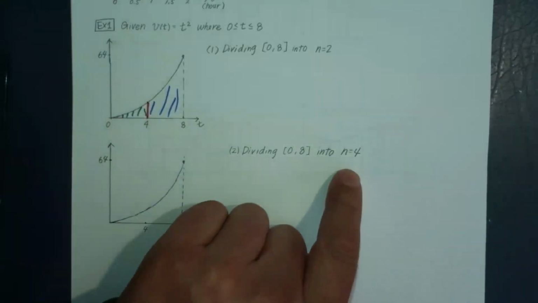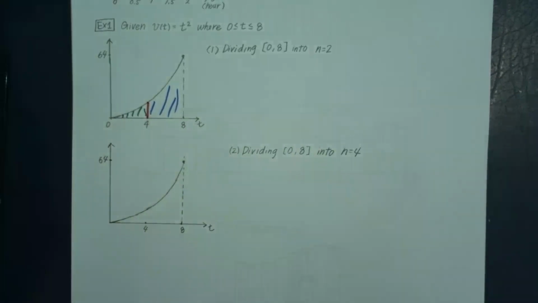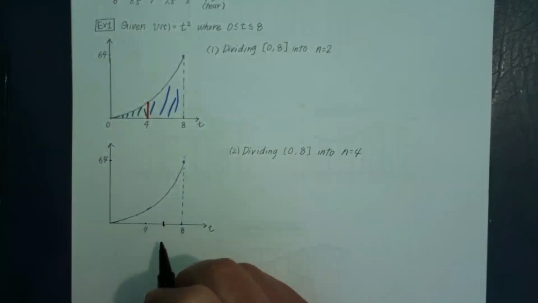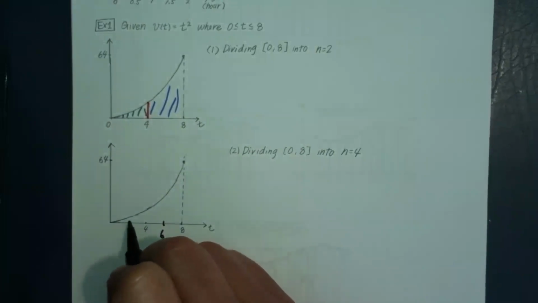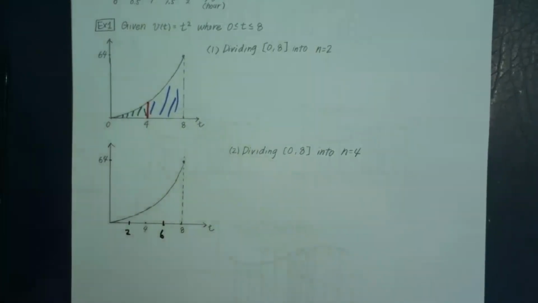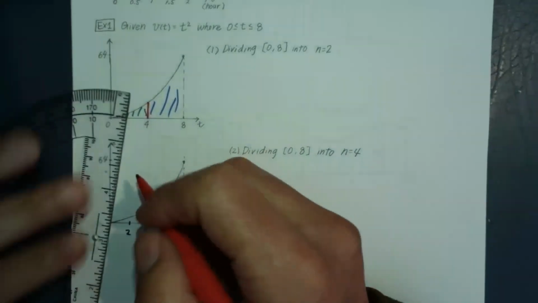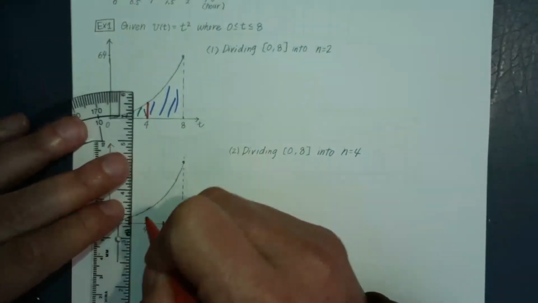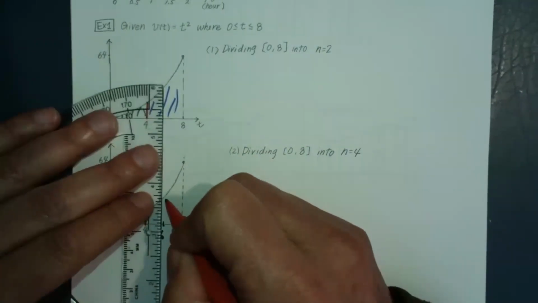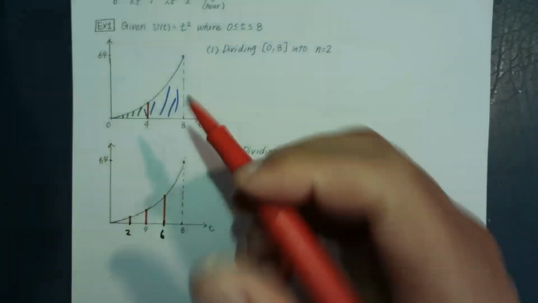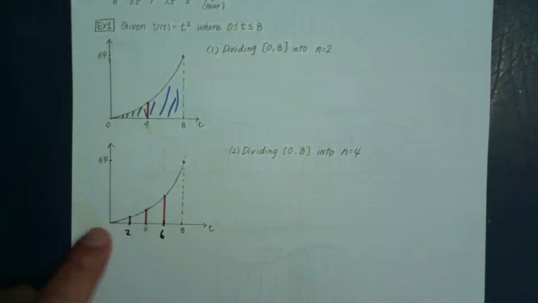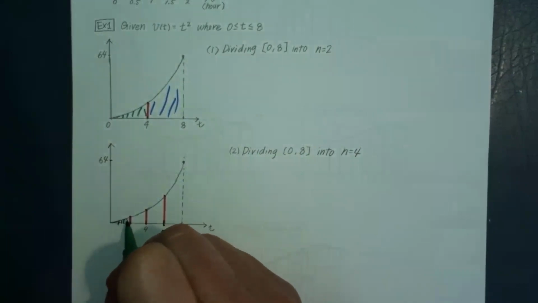Here, when n equals 4, we're going to partition it even further. So we're going to break this up into 6 and 2. And then we're going to partition it into 4 regions. So now we have region 1, 2, 3, and 4. So we have this area here.